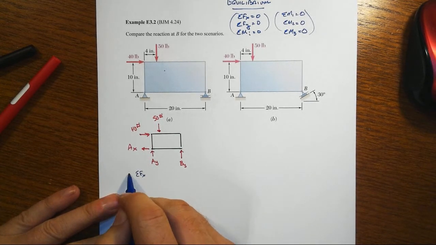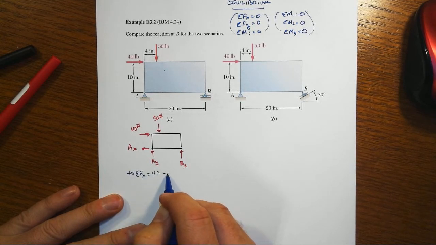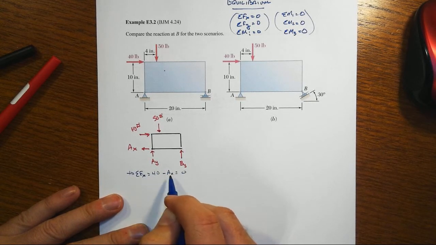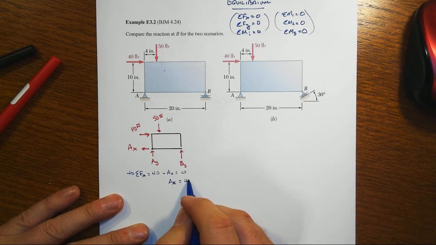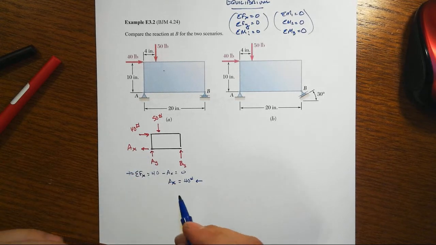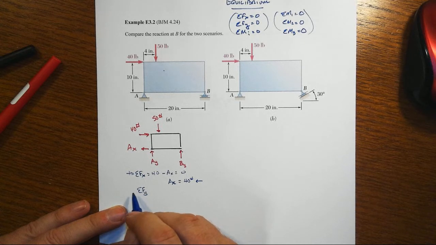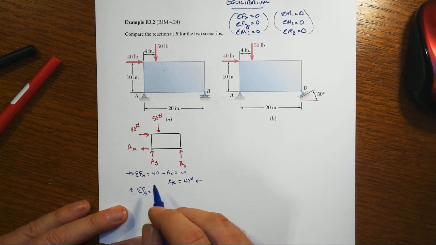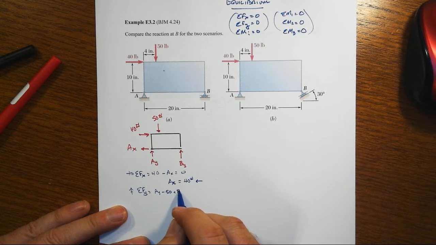Sum of forces in the x, taking positive to the right: we've got 40 pounds plus minus AX equal to 0, and we have a nearly trivial answer that AX is equal to 40 pounds acting to the left. The plus sign said acting as shown, right? Then sum of forces in the y would be AY plus minus 50 plus BY equal to 0.